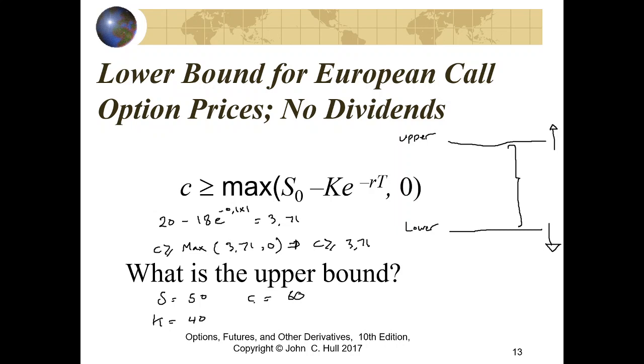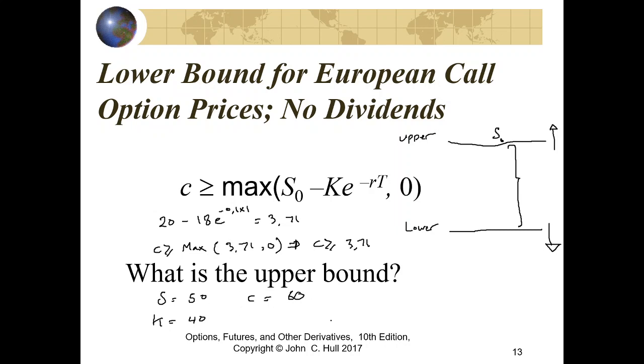To buy the right to buy the stock, it will cost me 60, which does not make any sense. So the upper bound in this case will be S0, because I will not pay for the right to buy the underlying stock more than what it costs to buy the stock today.